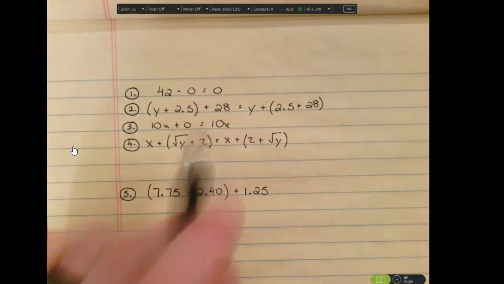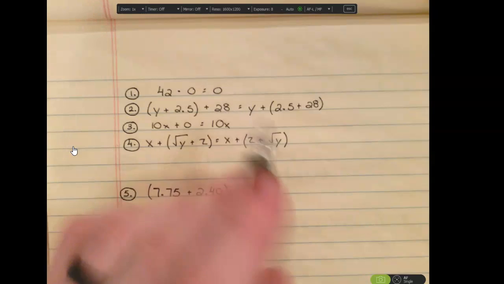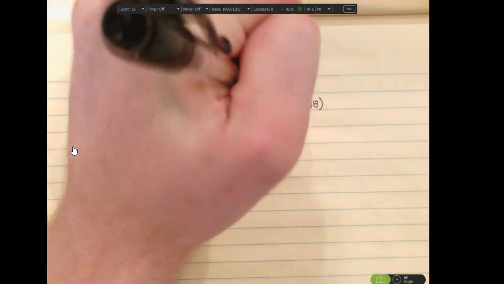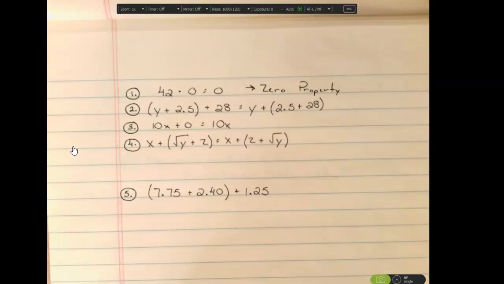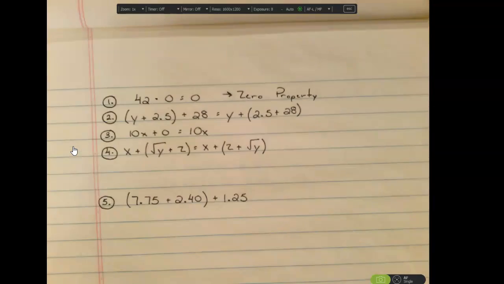Well, we're multiplying by 0 and we got a 0. So the only property that this could be is the 0 property. We have to make sure that we show what operation we're doing, so it's the 0 property of multiplication.